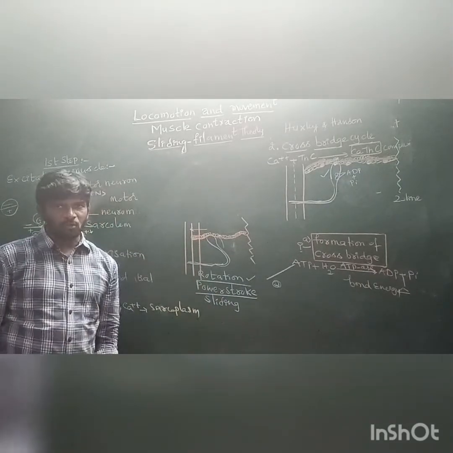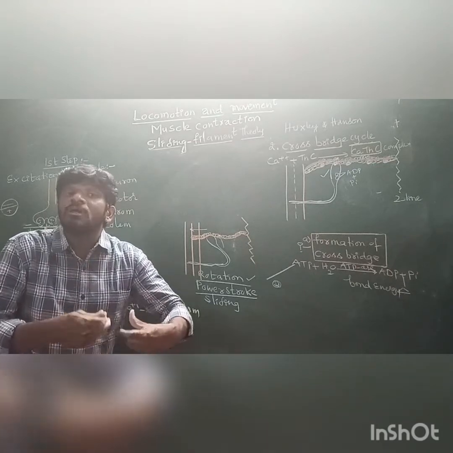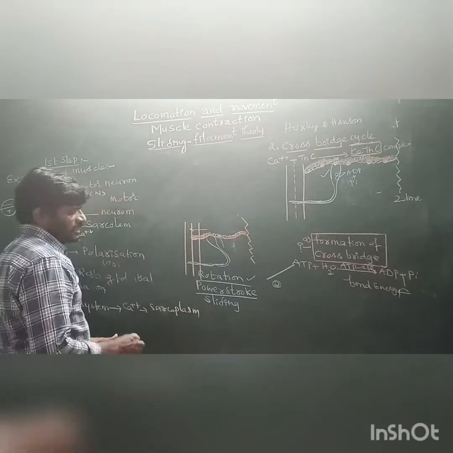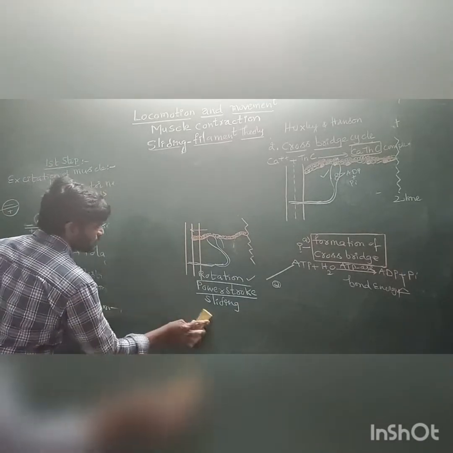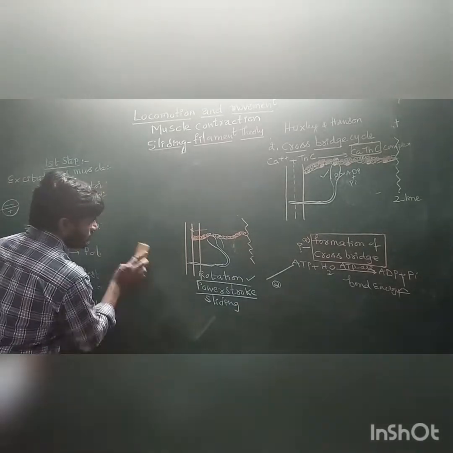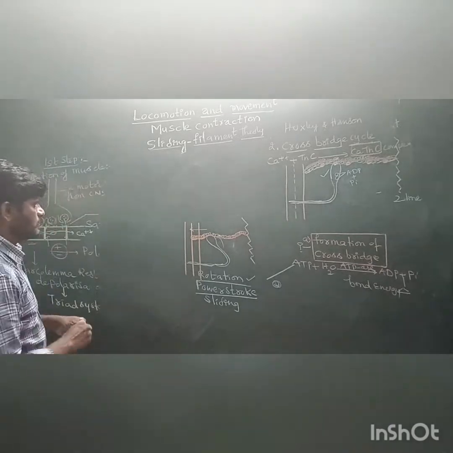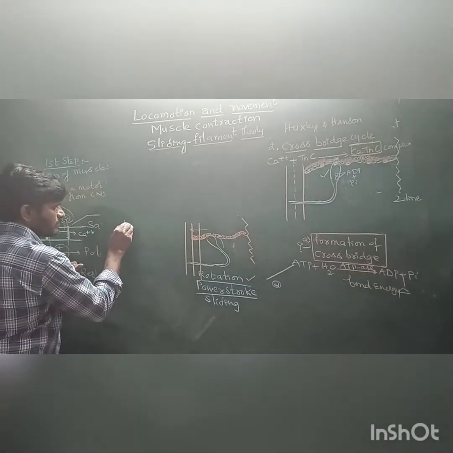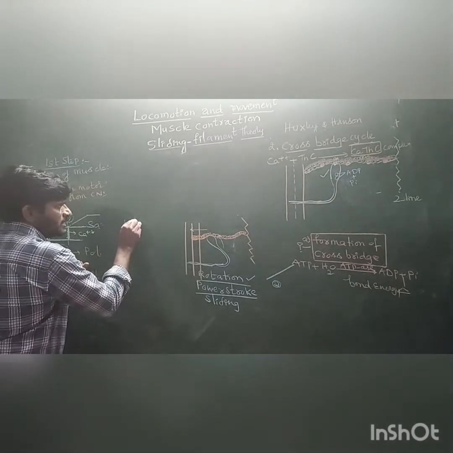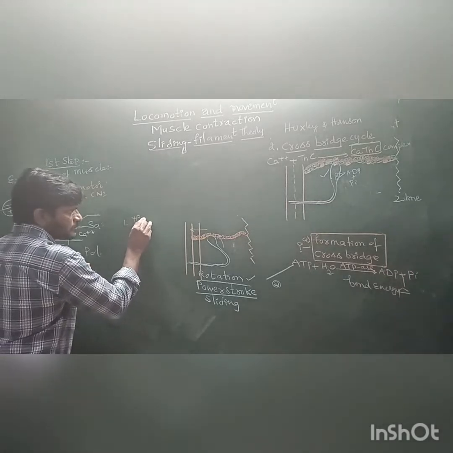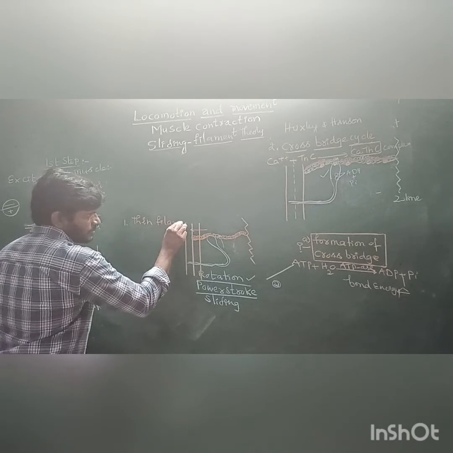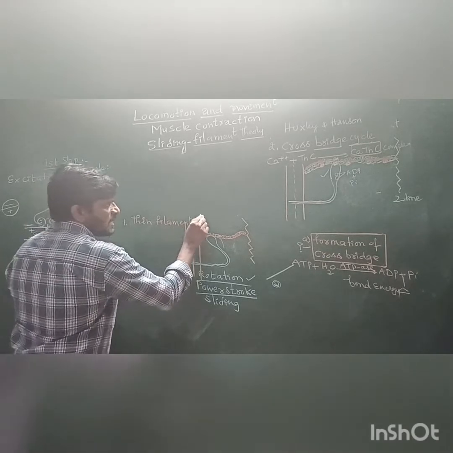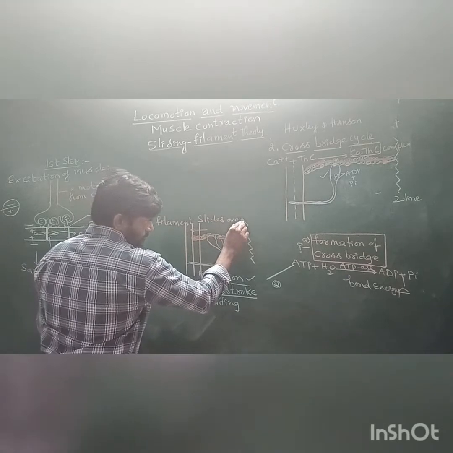The I band shortens because the thin filaments are bound to the Z line. When the Z lines are coming near, automatically the thin filaments which are bound to the Z line also come. Therefore, the I band length is shortening, and the length of the sarcomere is decreasing.